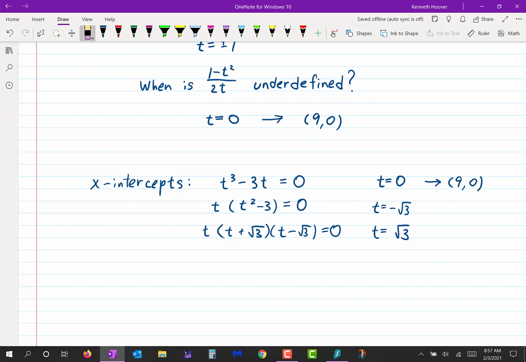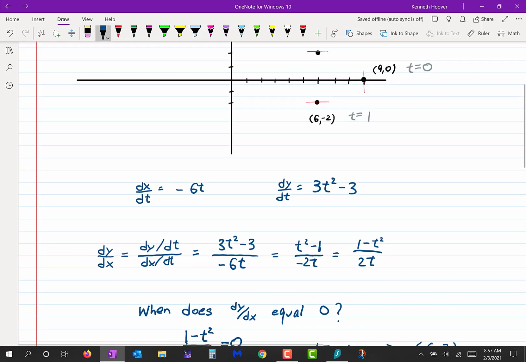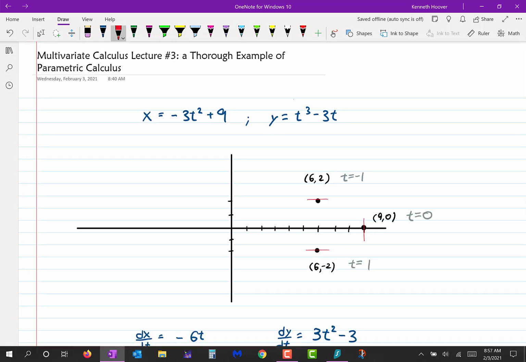Okay, let us now plug in negative square root of 3. Let's go up here to our original equations. Now we already know y is going to be 0. Don't worry about that.